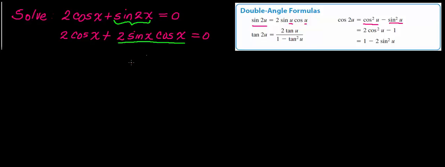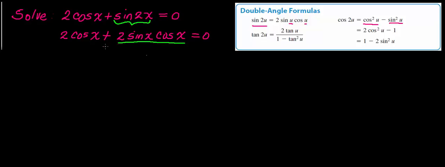So that tells me that I can factor out this common term of cosine x. So I'm going to take cosine x and bring it outside of the parentheses. I'm also going to take the 2 outside the parentheses because both terms also have a 2.